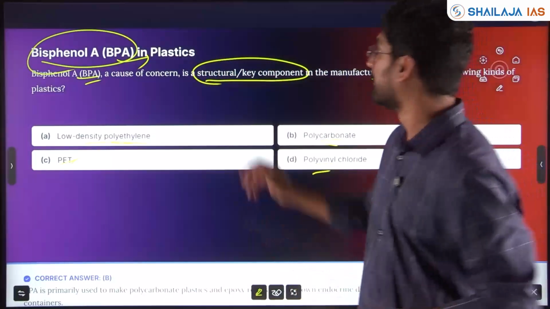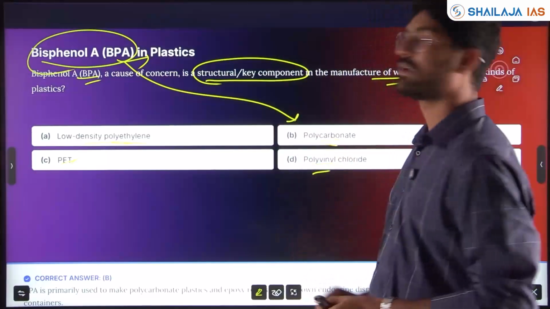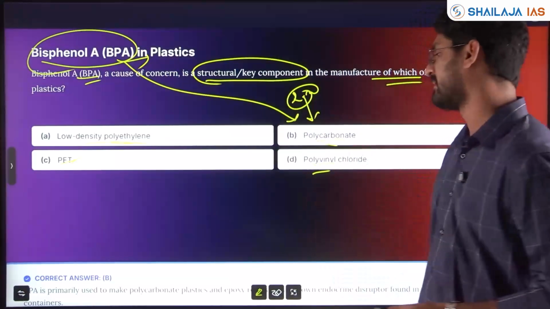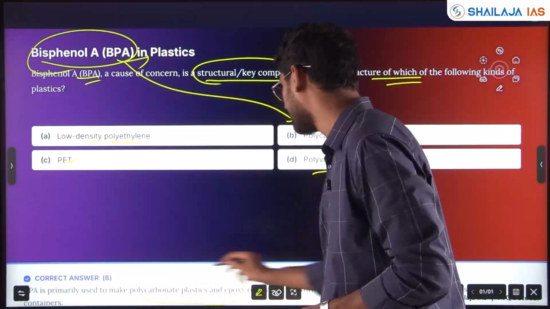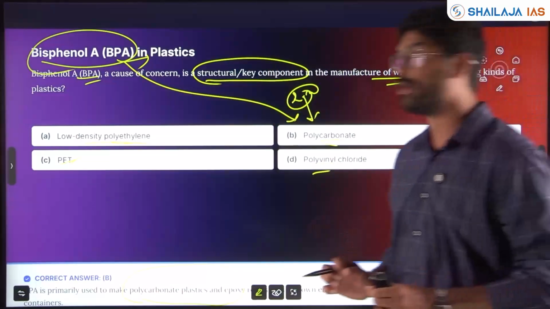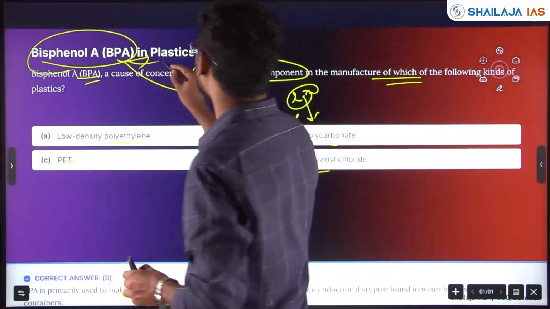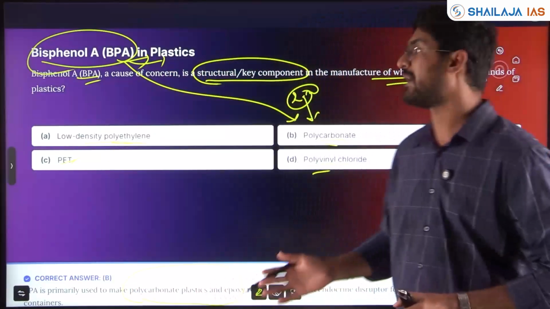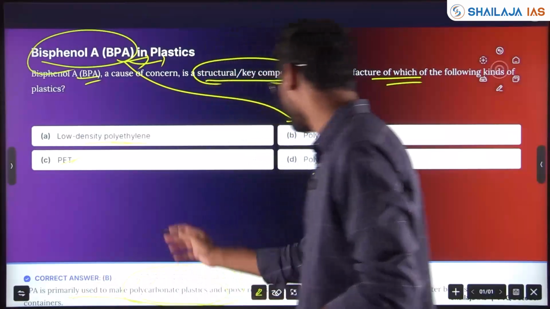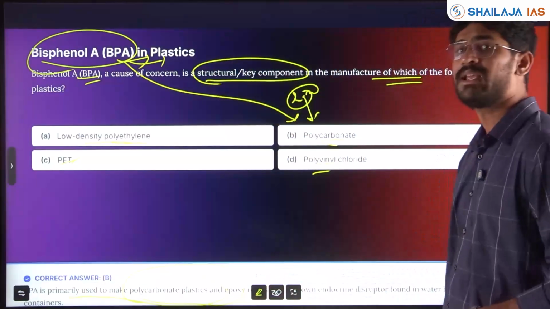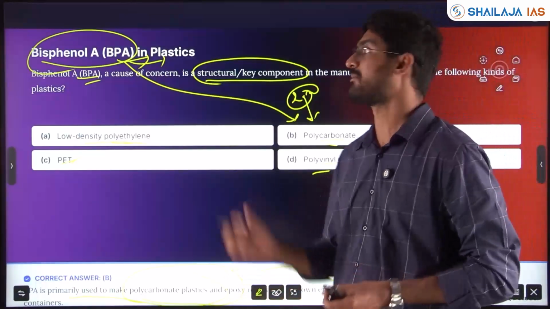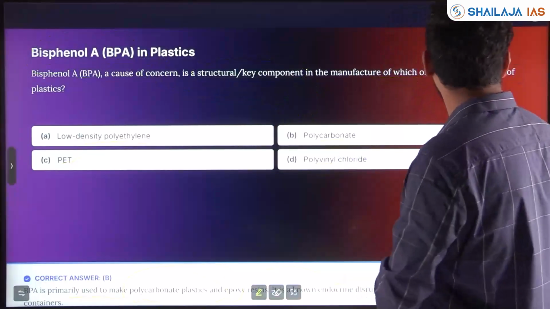Bisphenol A is a primary raw material to make polycarbonate plastic and epoxy resins, and it's a very polluting plastic, but also required in many of the industries. So bisphenol A is primarily used to make polycarbonate and epoxy resins. It will affect your endocrine system and nervous system. Next.